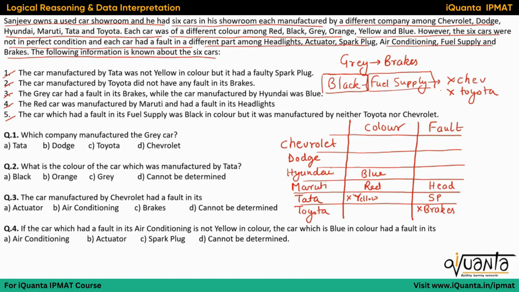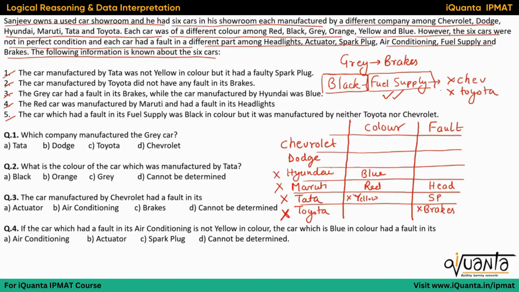So very clearly we can't settle this block into the row of Toyota. We can't settle it into the row of Tata because Tata already has fault in its spark plug. We cannot settle it into the row of Maruti because Maruti has already been assigned its color and its fault.